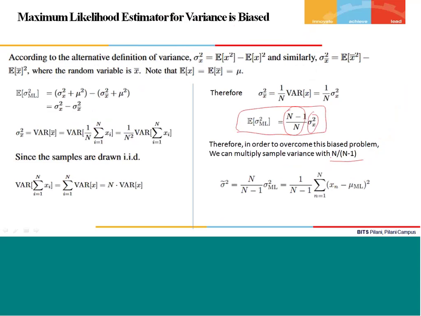I am multiplying my maximum likelihood estimate with n by n minus 1 just to normalize it. This n will get cancelled by this n, and you will be left with this expression. So maximum likelihood estimation is biased in the case of variance, but it is not biased in the case of mu. This is important, you should remember it.